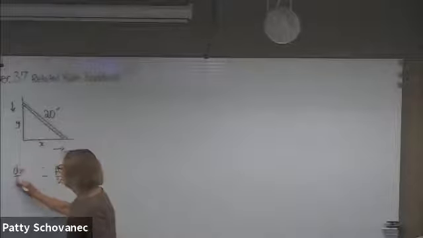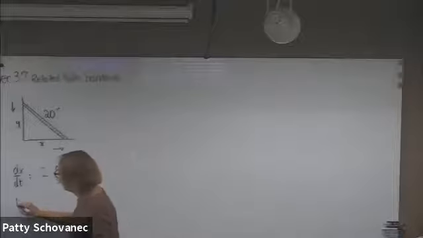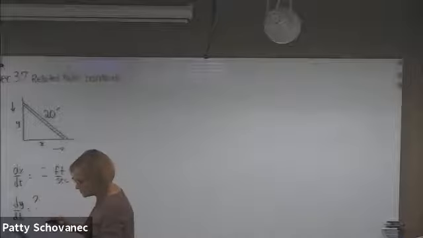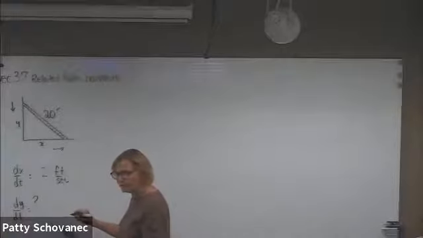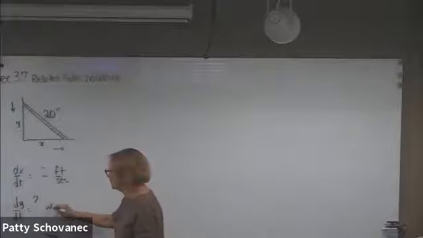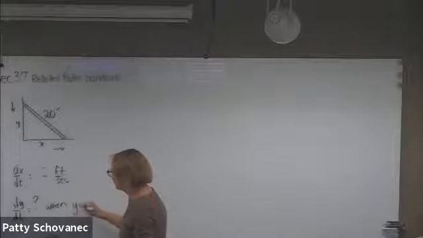dx/dt is 2. How fast is the top coming down? So we're looking for dy/dt. And we need it at a particular instant, and that's when the ladder is 12 feet above the ground. So the distance above the ground is the variable y.